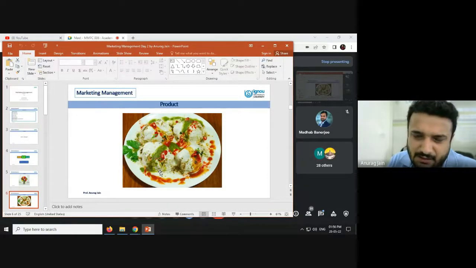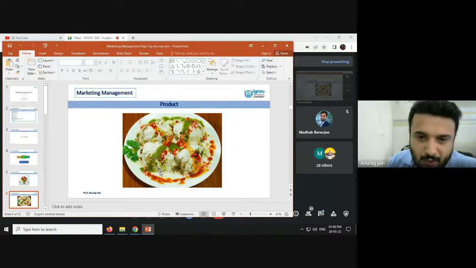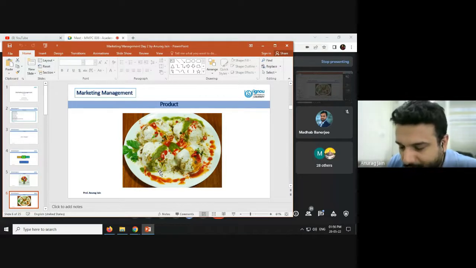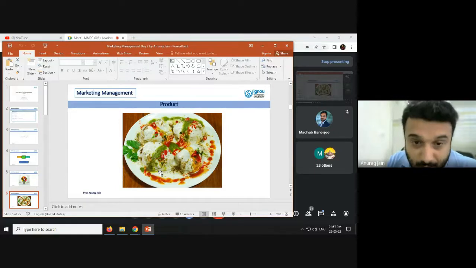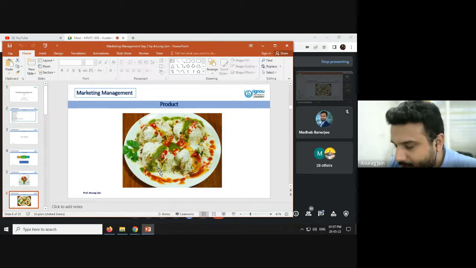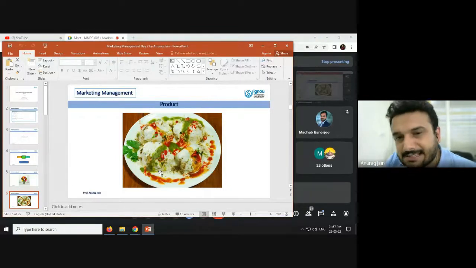Possibly you see it at a street shop, or you are eating it at a family marriage function, or at a three-star hotel located in any particular city. But what is my idea? This is also a product which usually doesn't have any brand identity associated with it, right? Definitely there are some shops which are selling it, and that particular seller's identity is associated, but there is no particular brand which is offering it.